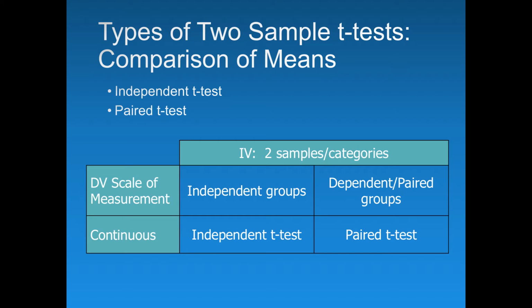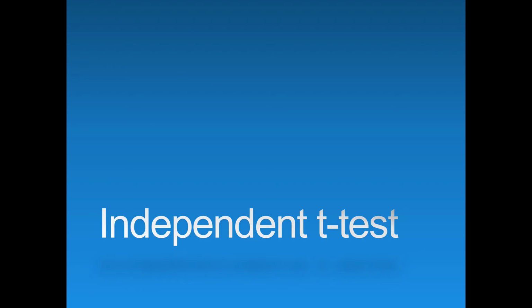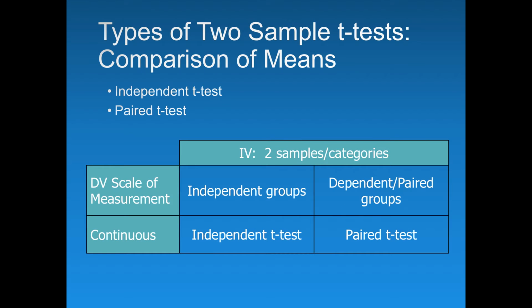Dependent or paired groups is when you use a paired t-test. This would be if you're measuring the same group of people before a program and after a program.